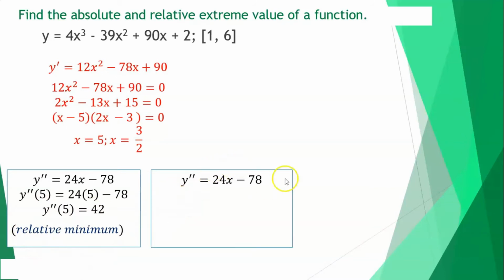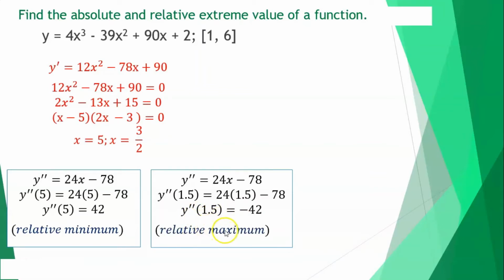Now, substituting x here by our second value, which is 3/2, or 1.5, we will end up with negative 42. Since negative 42 is less than 0, at x equals 1.5, it has a relative maximum. So take note of this. If this is positive, it's actually a minimum. If it's negative here, it's actually a maximum.